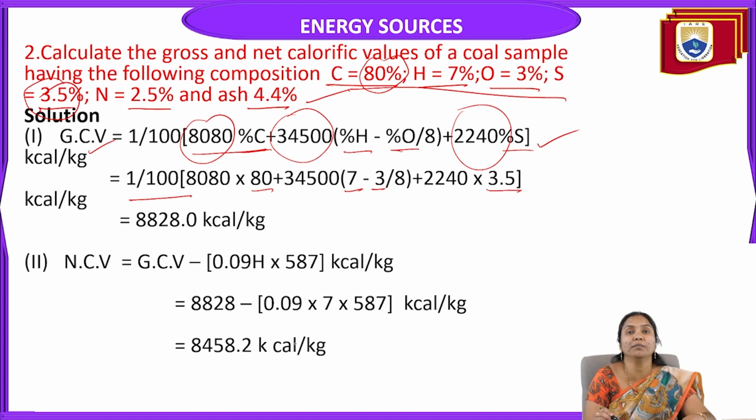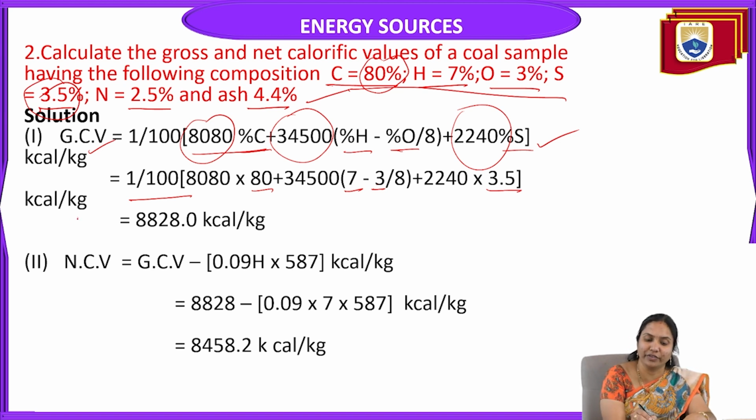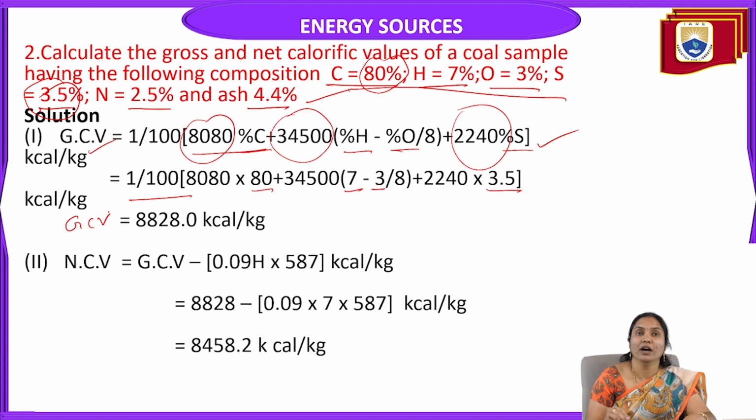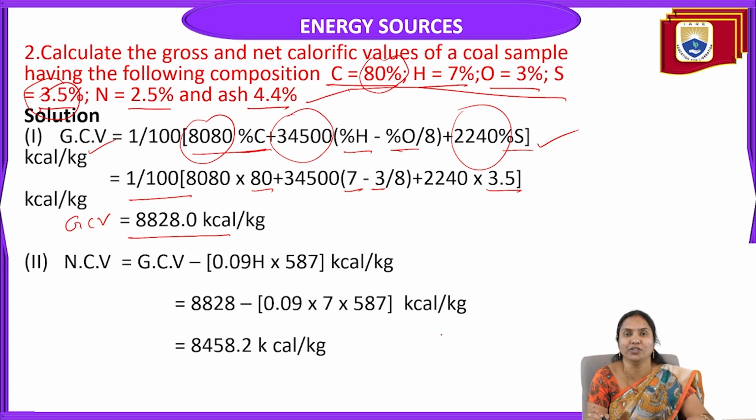So after multiplication and addition, finally you'll get the gross calorific value of the given fuel as 8,828 kilocalorie per kg.